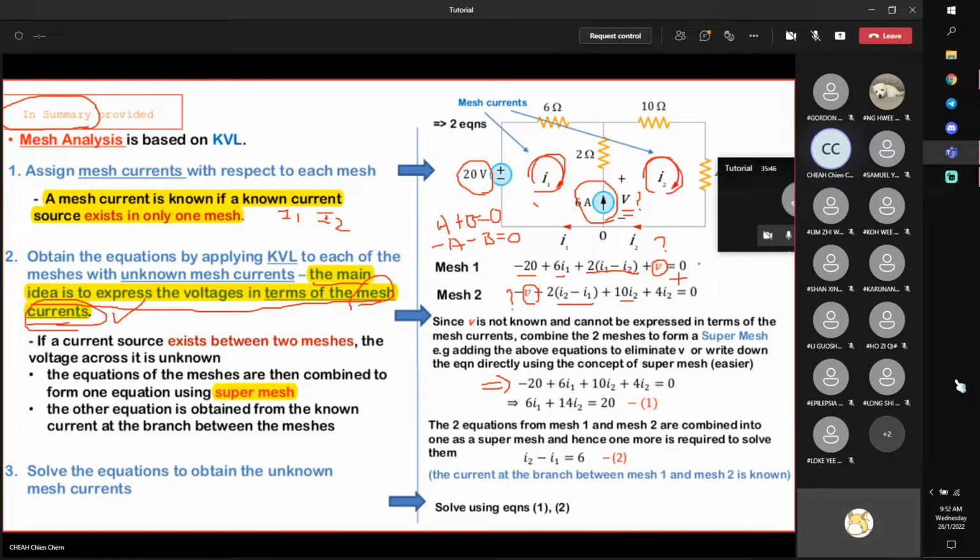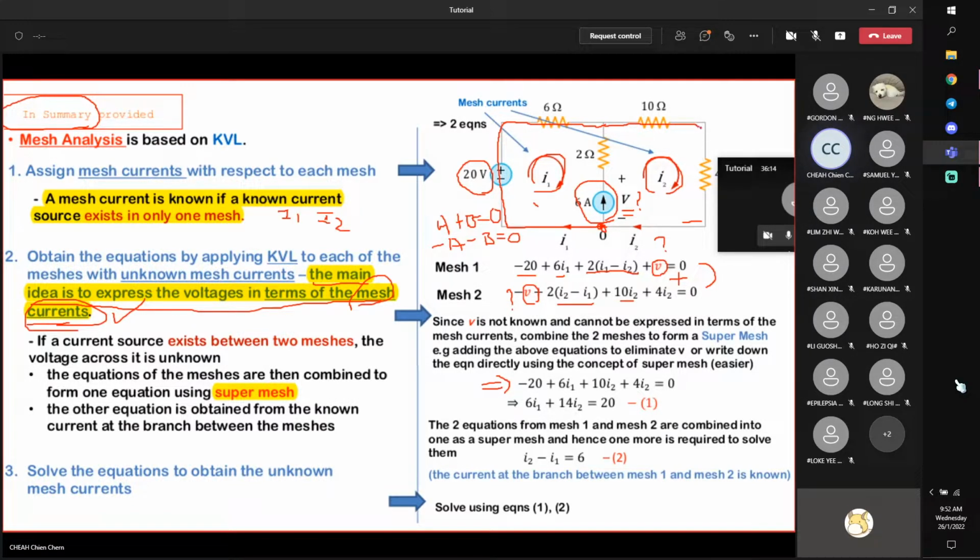Another way of looking at this combination of 2 meshes is a simple illustration over here. If I start from here, I want to go around this loop. So this is the usual way. When I come to here, I should come down. However, because this voltage is not known, I should avoid this path, which means that I should take a longer path.